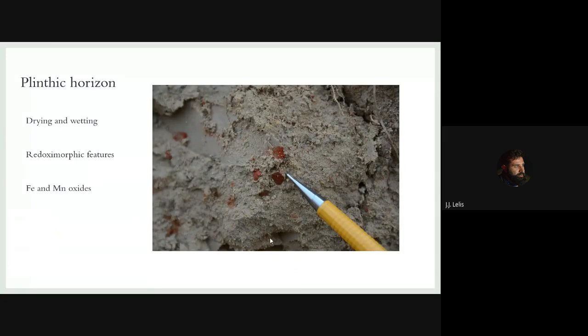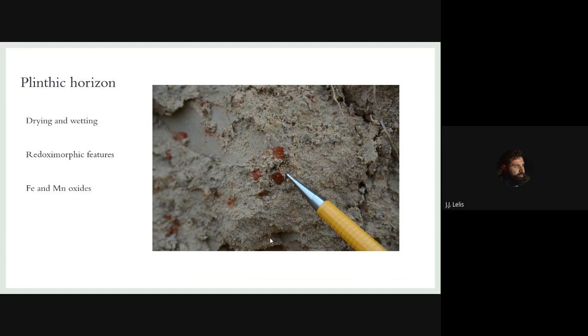Another important diagnostic horizon is the plinthic horizon. And the plinthic horizon is a horizon that's produced by cycles of drying and wetting.